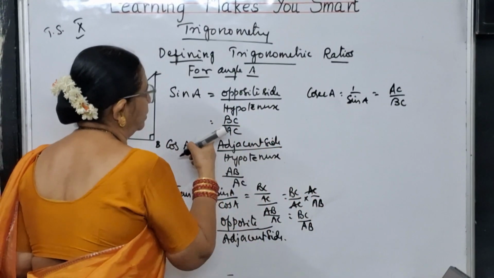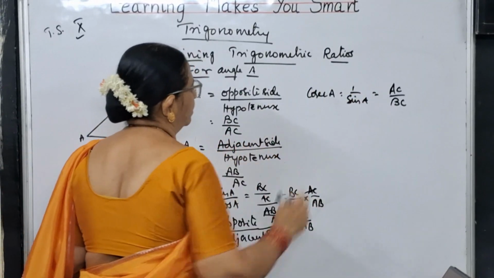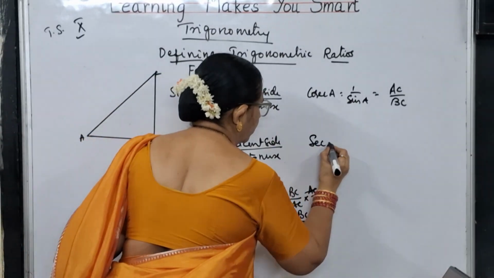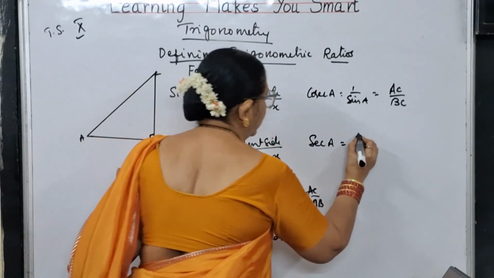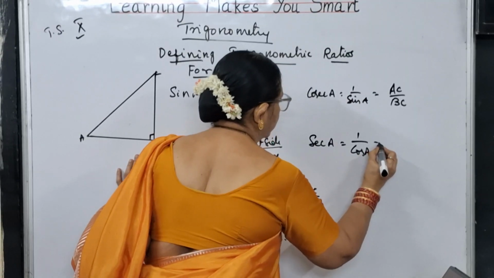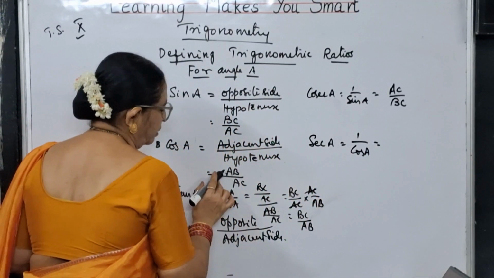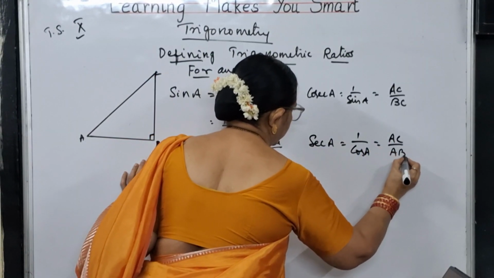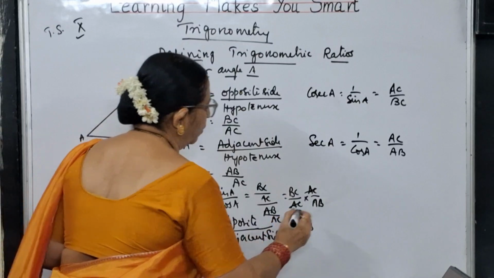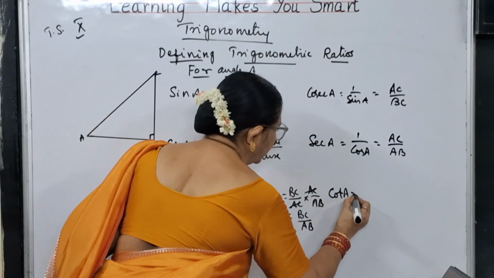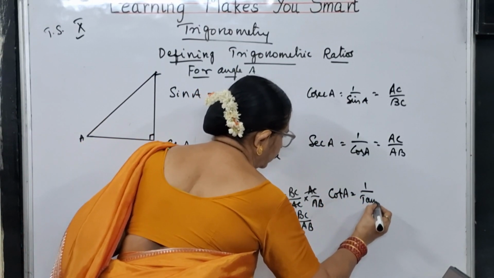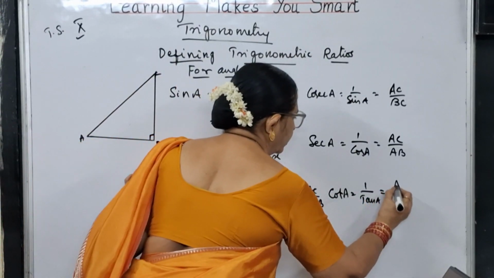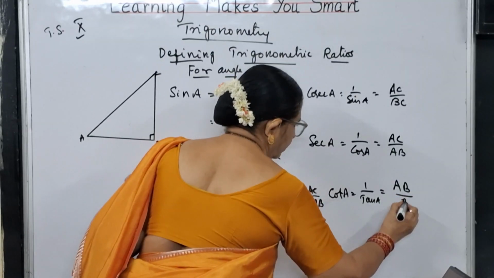The reciprocal of sin A, BC by AC, becomes AC by BC, that is cosecant A. Then for cos A, you have got secant A. Secant A is the reciprocal of cos A. The reciprocal of cos A, AB by AC, becomes AC by AB. This is secant A. Next you have got cot A. Cot A is the reciprocal of tan A. So tan A is BC by AB, so you will be getting it as AB by BC.